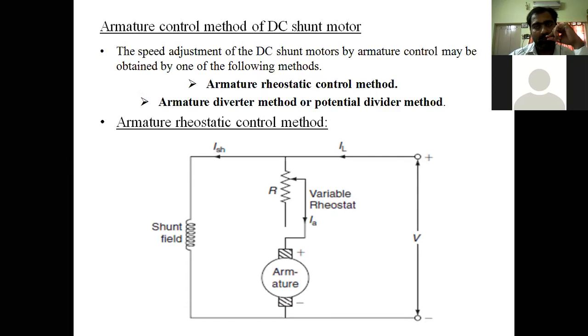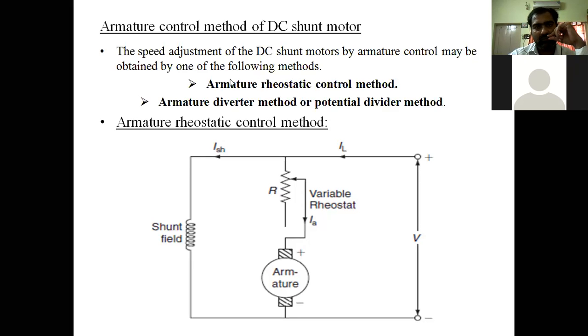Whatever methods you use at the side of your field are categorized as field control methods. Whatever methods you use at the side of the armature to control the speed of your DC shunt motor are categorized as armature control methods.